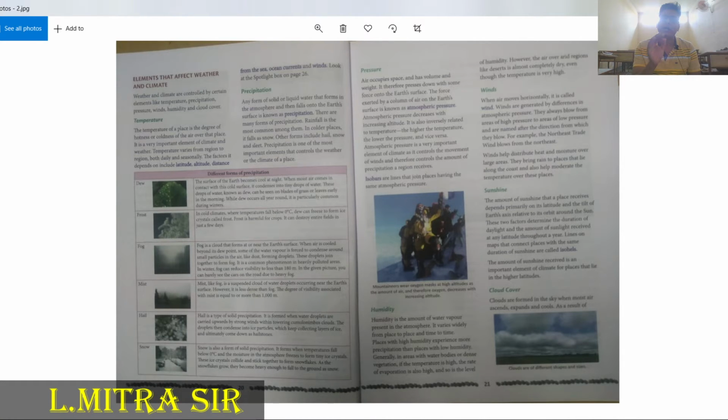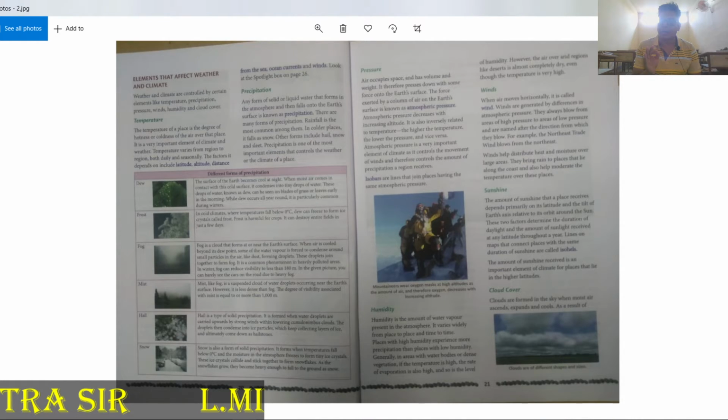Second, the element we can discuss is precipitation. Precipitation means all types of downfall. It may be dew, frost, fog, mist, hail, or snow. All types of downfall are considered precipitation. But the liquid form of the downfall is called rainfall.